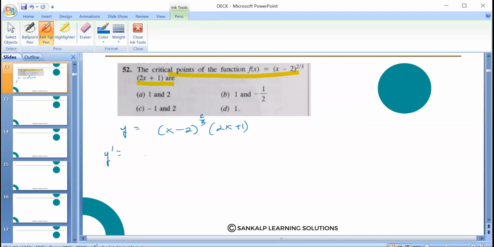You will find y dash using product rule. 2 by 3 x minus 2 power 2 by 3 minus 1 is minus 1 by 3. 2x plus 1 is same. X minus 2 power 2 by 3 is same into 2x plus 1 derivative is.